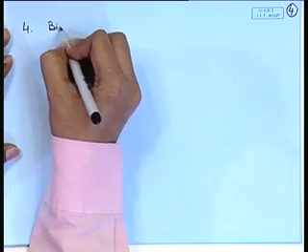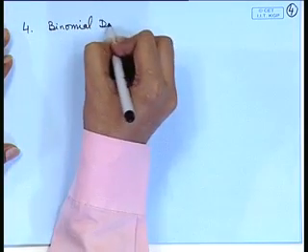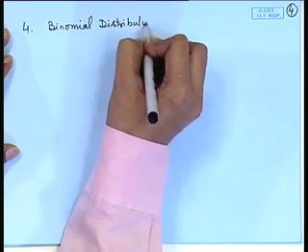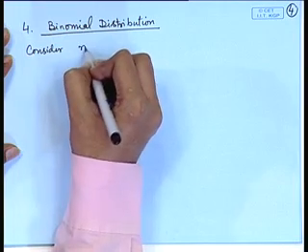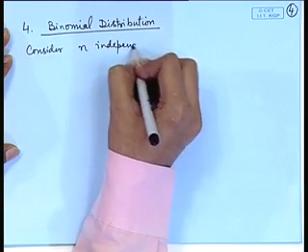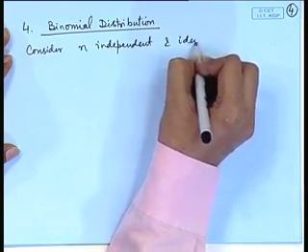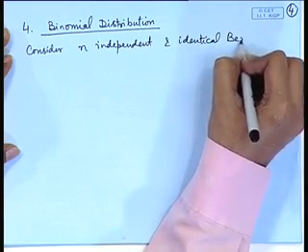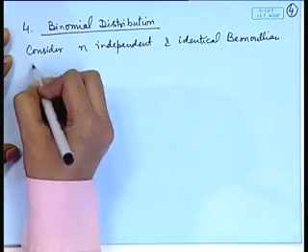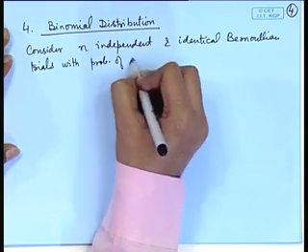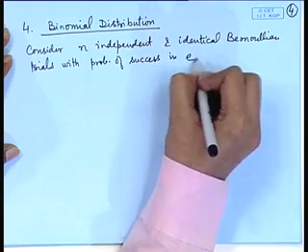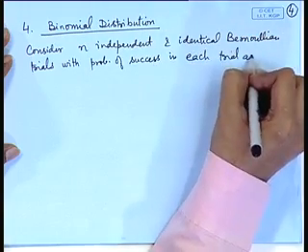Now, an immediate generalization of the Bernoulli distribution is the so called binomial distribution. So, consider n independent and identical Bernoullian trials with probability of success in each trial as say p.